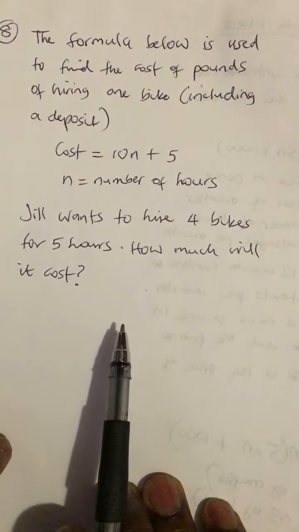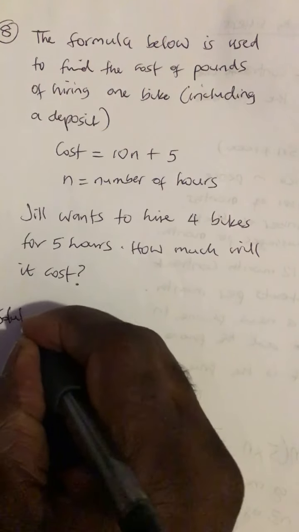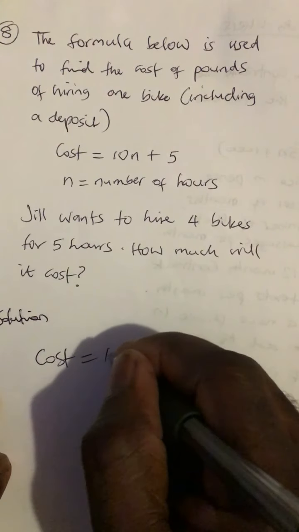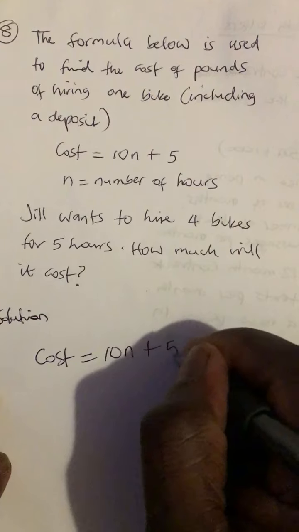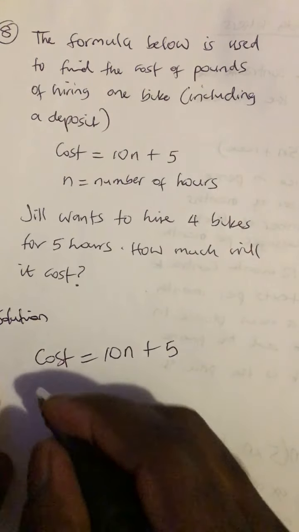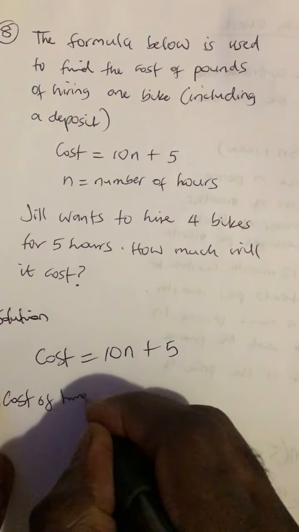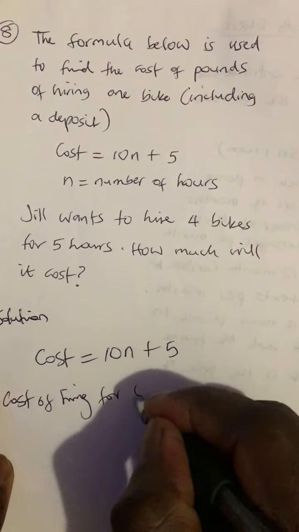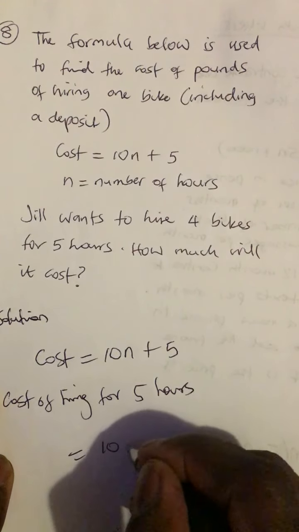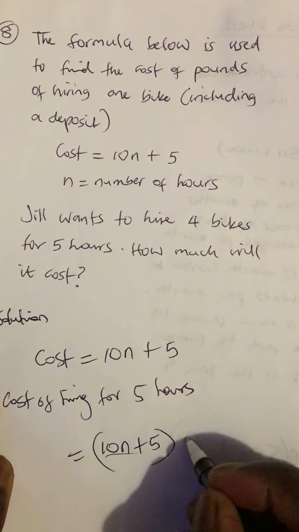What we have here is a cost. This is the cost for hiring for 1 hour. So the cost of hiring for 5 hours will be 10n, this is for 1 hour, times 5.